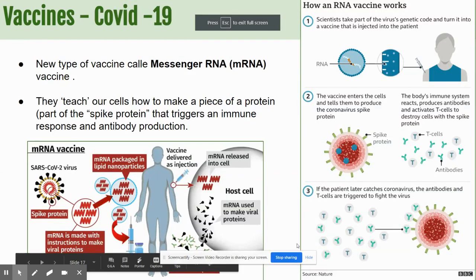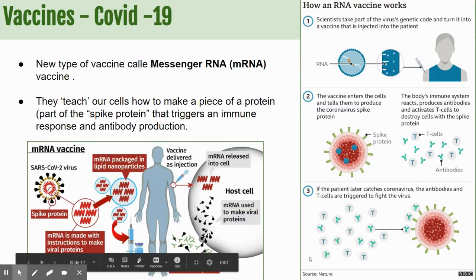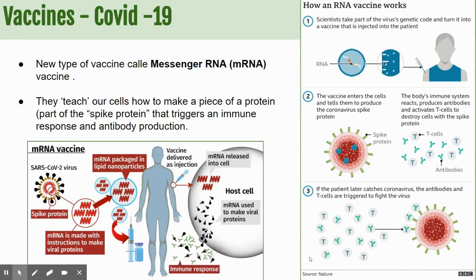Right, so a vaccine that is totally all over the news right now. You've probably been hearing all about it because it's January 2021 when I'm making this video, is the vaccine for COVID-19. Now, this vaccine is a new type of vaccine. It's been in research stages for quite a few years for other types of diseases, but they decided to use this one for COVID-19.